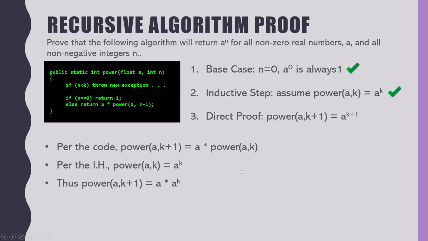Yeah, use your exponent rules, right? So per the rules of exponents, a times a to the k is equal to a to the k plus 1. In other words, there's an imaginary 1 right here, a to the 1.